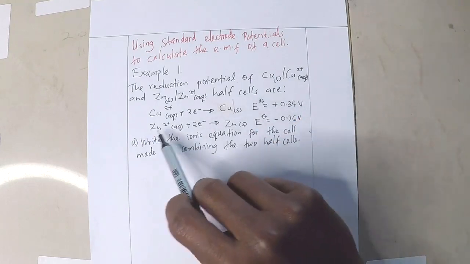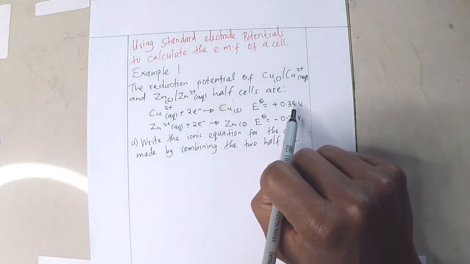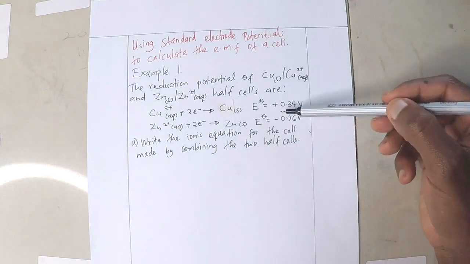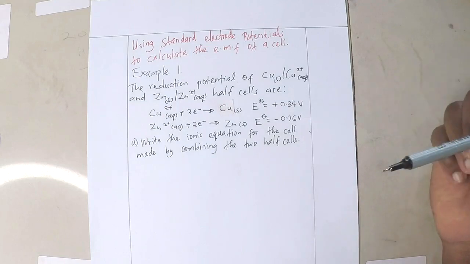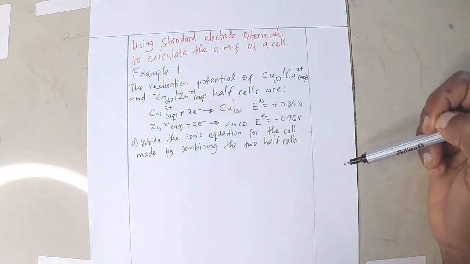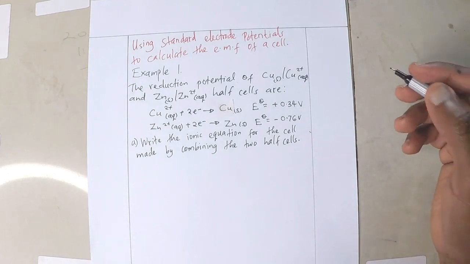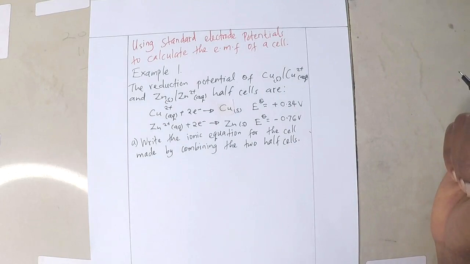Since the electrode potential of zinc is more negative than that of copper, zinc is a stronger reducing agent, meaning it has a higher tendency of losing electrons. Therefore, it will definitely be placed on the left hand side.